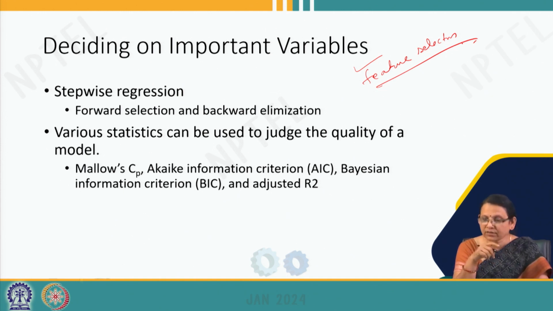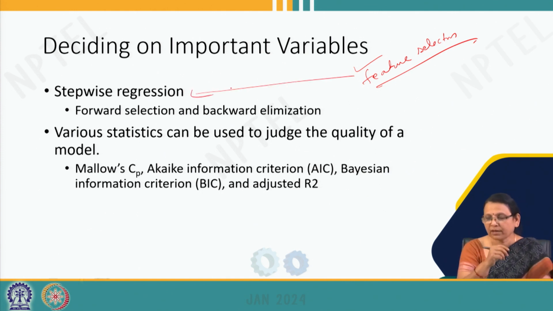We studied stepwise regression in a bit of detail at the time of feature selection. In stepwise regression, you can have forward selection and backward elimination, where in case of forward selection you start with one feature and keep on adding.